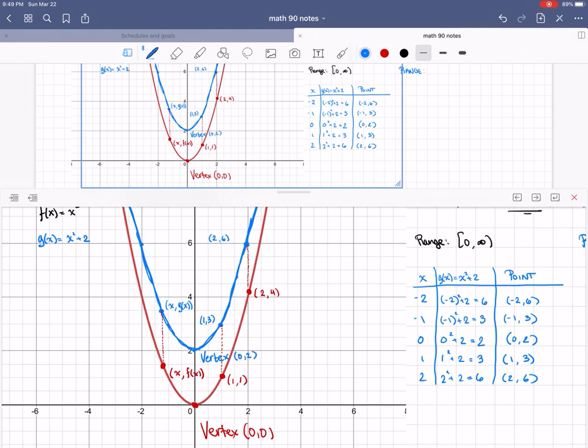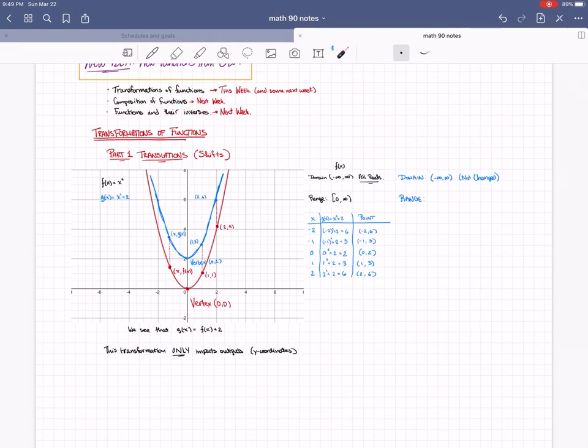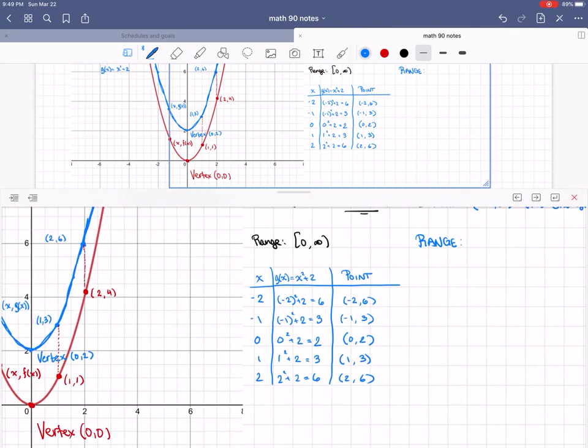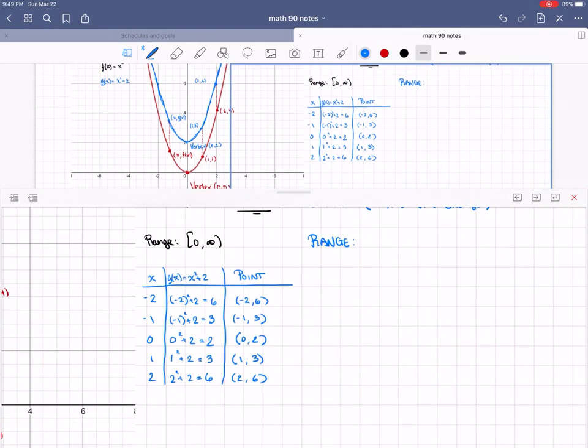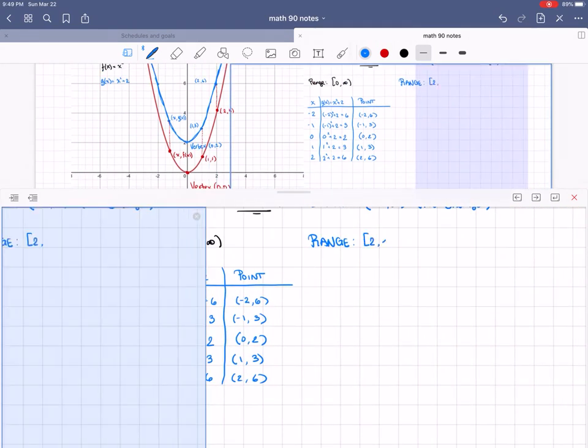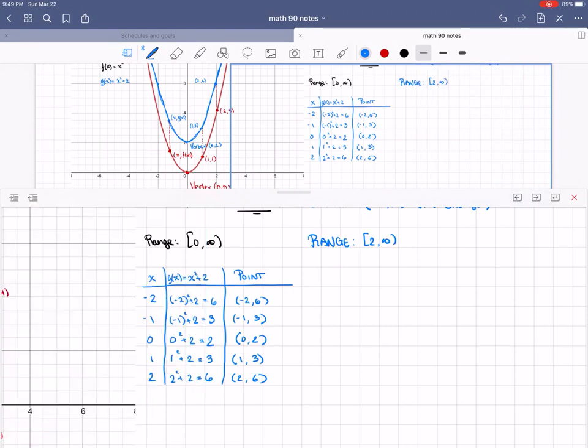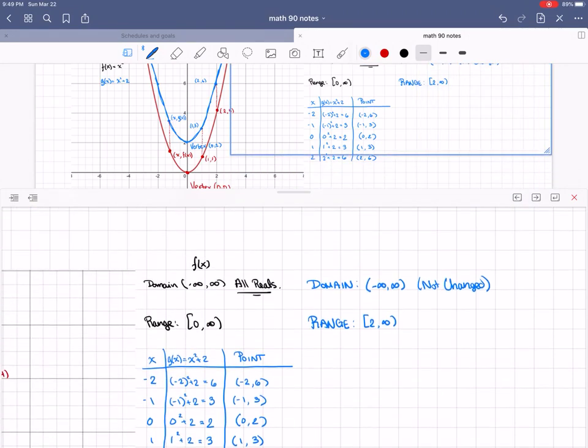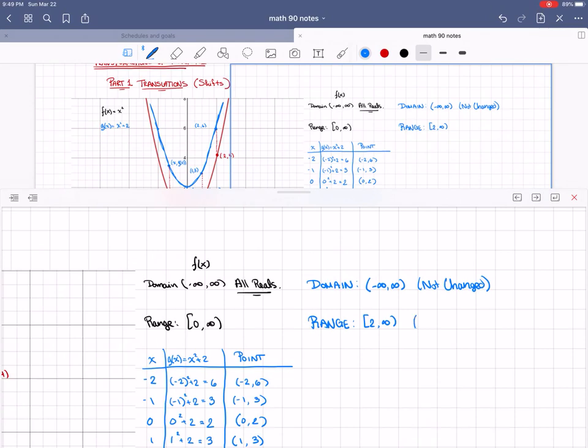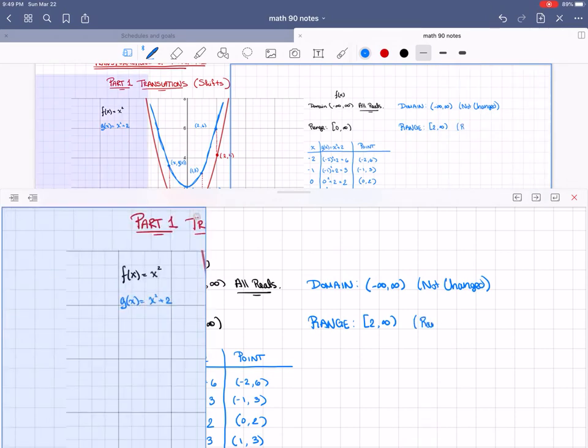So the smallest y-coordinate of any point on the graph of the blue function is 2. So the range there isn't from 0 to infinity, it's now from 2 to infinity. So we'll put here range shifted up by 2 units.